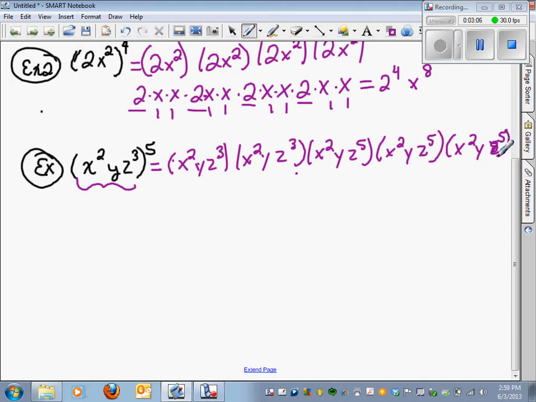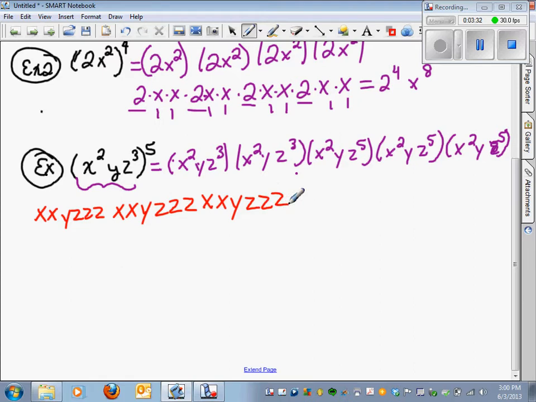Now going in to expand each one of these is going to get long, and this is why we like the shortcuts. X squared y z to the 3rd. So that's x times y times z times z times z. And I'm going to do this 4 more times. X times y times z times z times z. X times y times z times z times z.